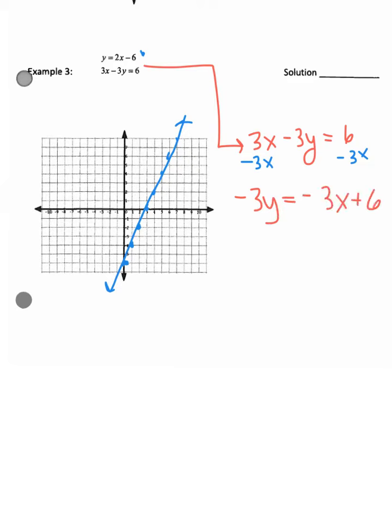And then I'm going to divide the entire equation by the coefficient of y, which is negative 3, leaving me with positive y equals negative 3 divided by negative 3 is positive 1x, and 6 divided by negative 3 is negative 2.